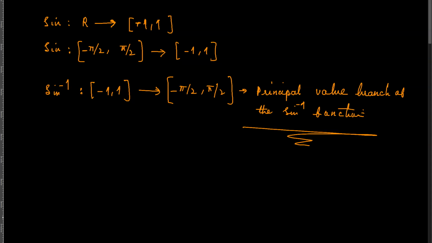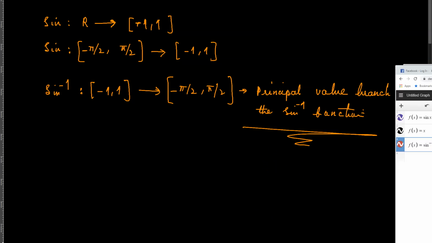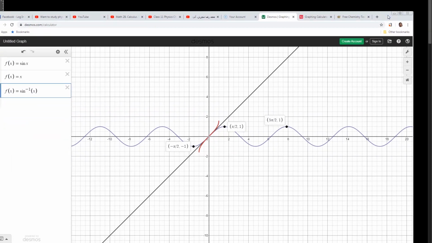So we said that the graphs and everything, and what they mean by the dark portion is essentially this part over here, which I showed you, which goes from 1 comma pi by 2, and over here you have negative 1 comma negative pi by 2.